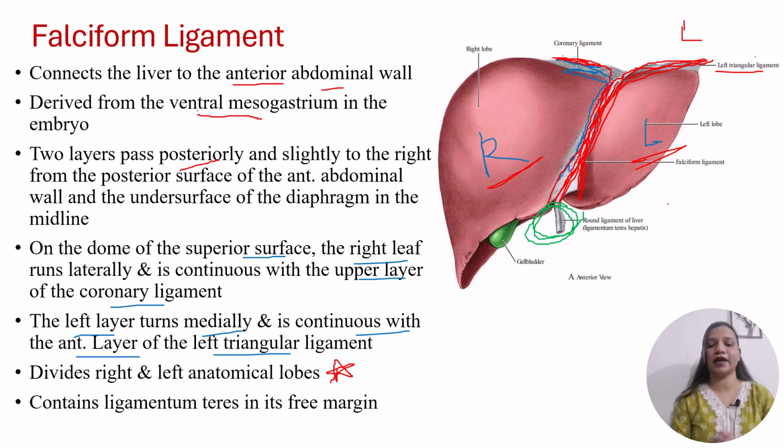And the right leaf or right layer of the falciform ligament goes laterally and becomes continuous with the coronary ligament, and the left layer or left leaf of the falciform ligament goes medially and becomes continuous with the anterior layer of the left triangular ligament. These are all the important points that you have to keep in mind regarding the falciform ligament.